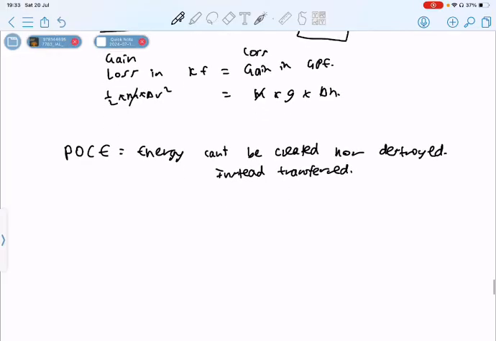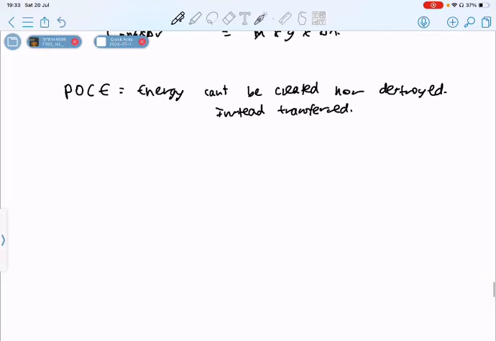Okay, so what do we mean by this? The energy an object possesses cannot be destroyed. However, it can be lost. What do you mean by this? When we have a ball and the ball is dropped onto the ground, it doesn't lose its energy. It just transfers it to its surroundings in the form of heat, sound, and other forms. Okay.